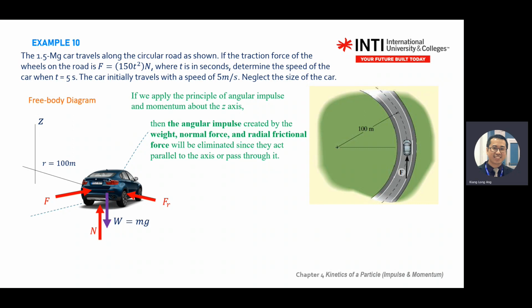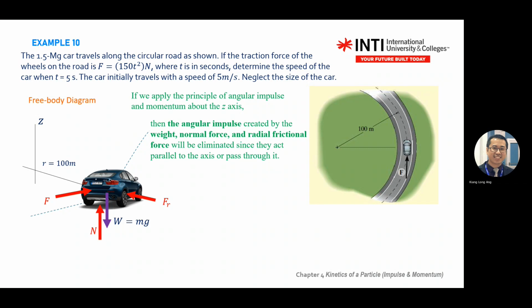Because when the car travels along the road, there is a force that prevents the car from sliding outside the circle. You can say it is a friction force, or resistance force, that resists the car from going outside the curve of the road.